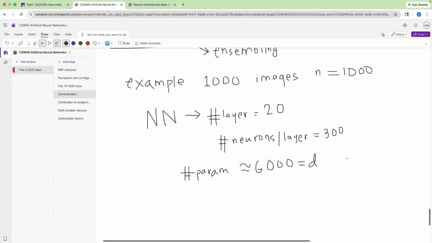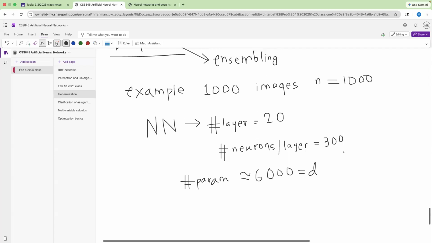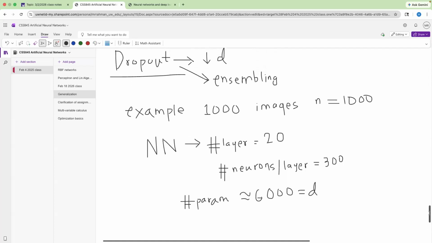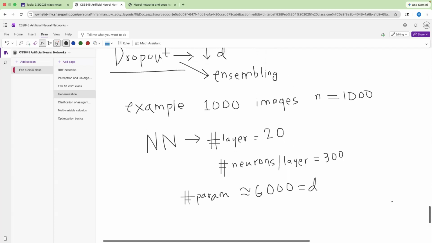So it's a really complex neural network, right? Now, if I try to train 1,000 image data on a 6,000 parameter model, what do you think would happen here? Would this be a good fit, or would we be overfitting?